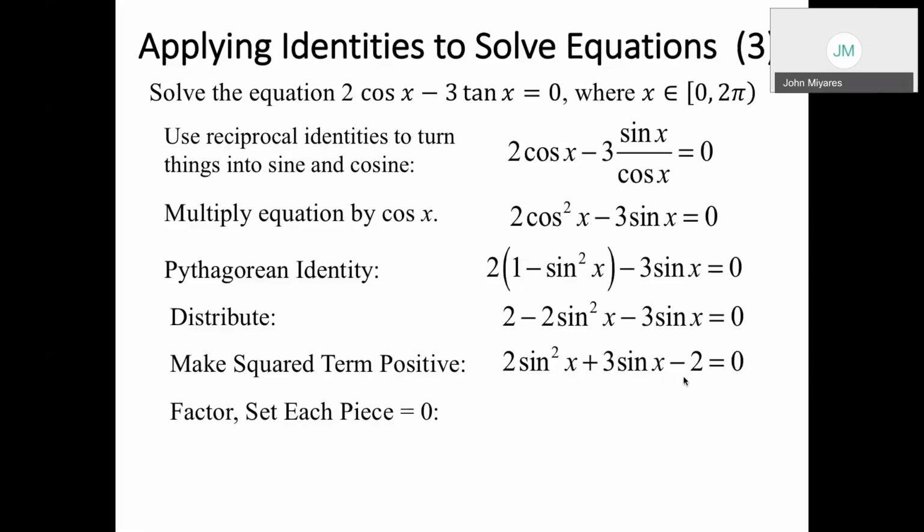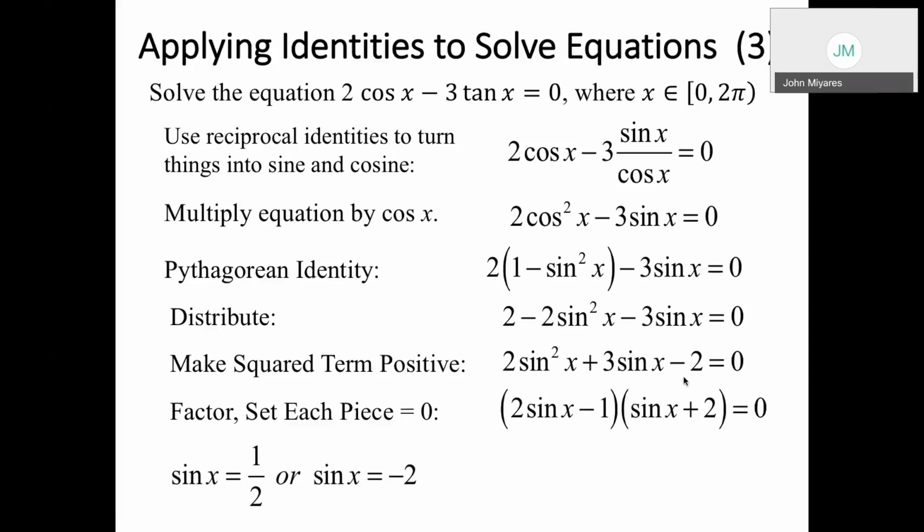Next, we'll apply either trifactor or the AC method to try to break this down. That's going to get you 2 sine x minus 1 times sine of x plus 2 equals 0. We'll set each piece equal to 0 and try to solve for the sine of x.